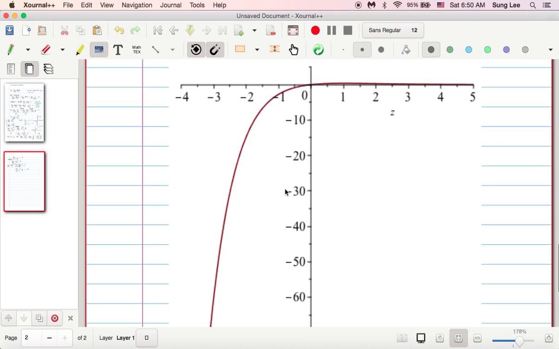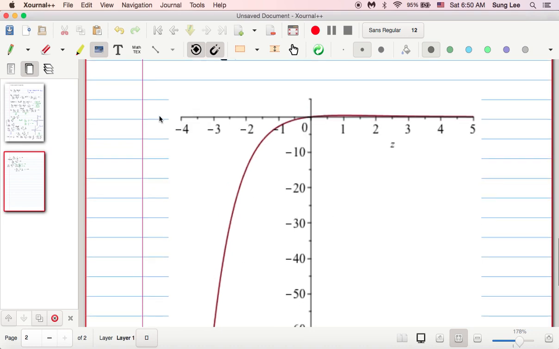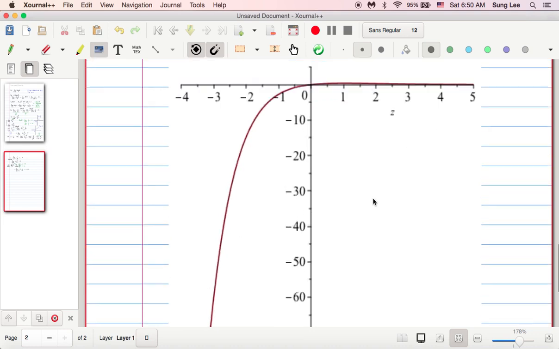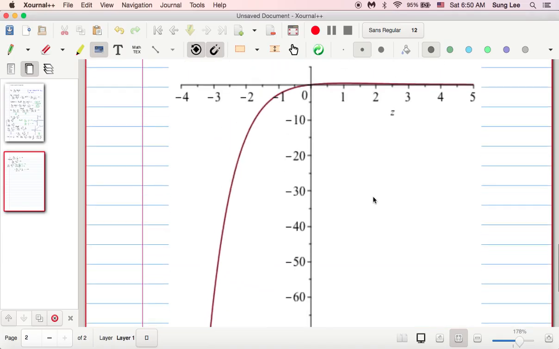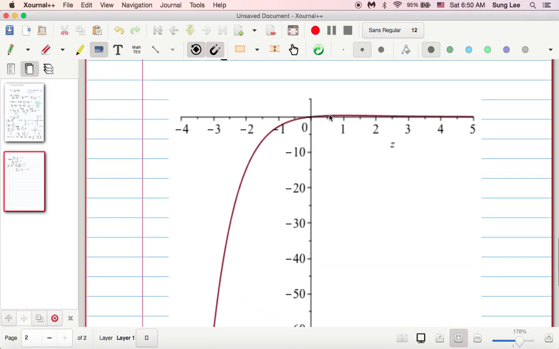So this is for z from negative 5 to 5, and this picture shows you that when z goes to infinity, the graph approaches 0. Okay, the red curve, right?